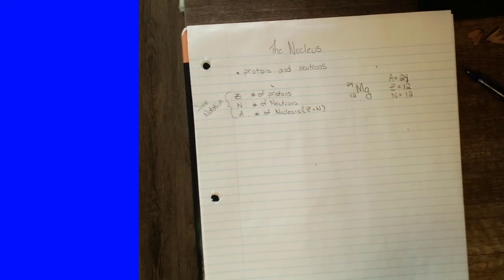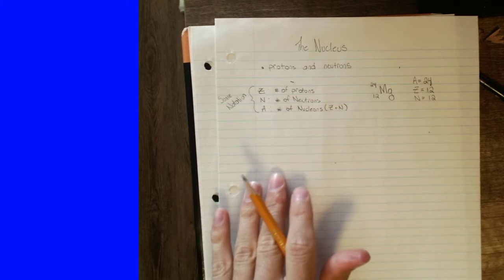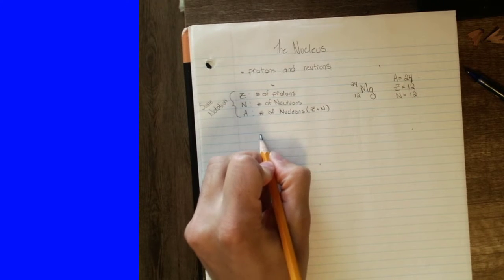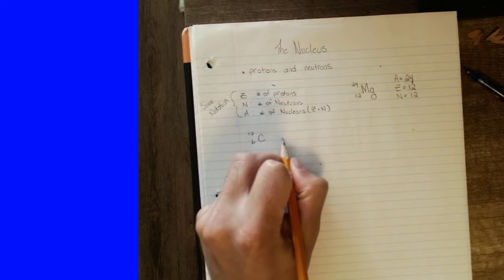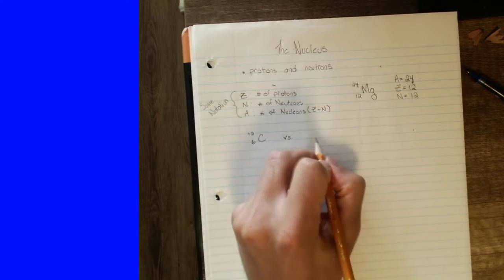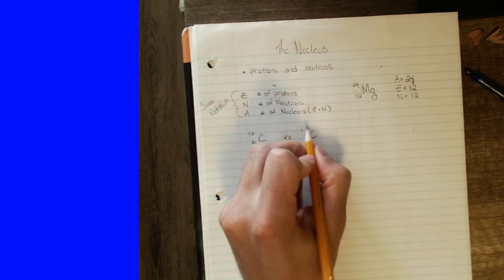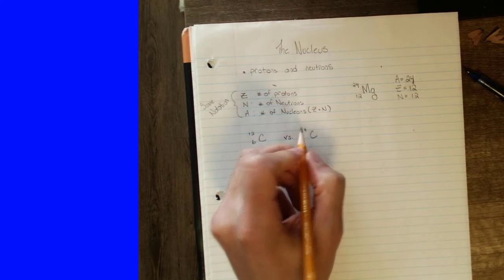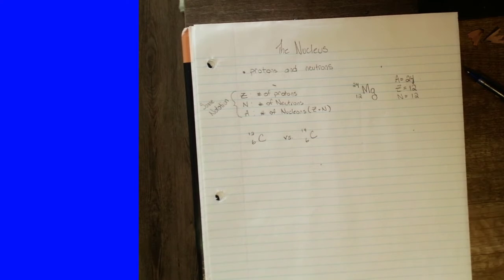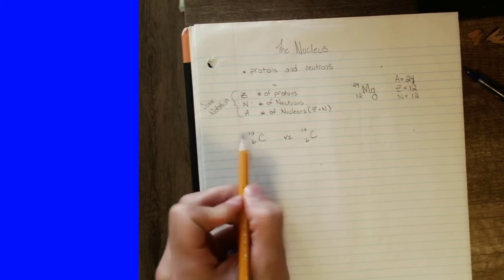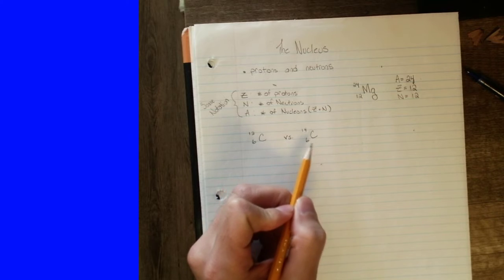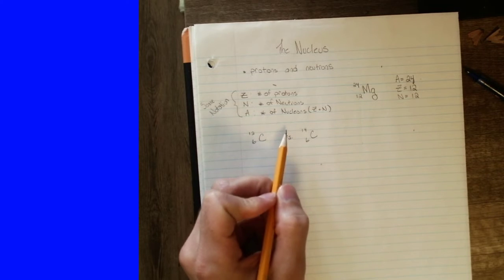Atoms can have differing numbers of neutrons. So let's take, for example, these two different representations of carbon. Carbon has 6 protons, but there's a difference here. The atomic mass of this particular type of carbon is bigger, it's heavier.